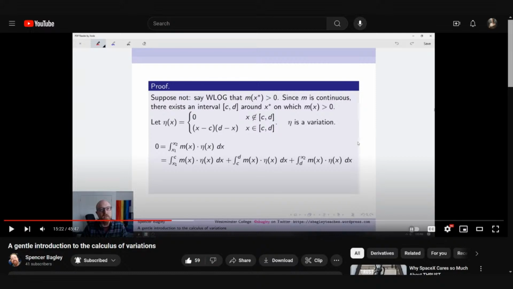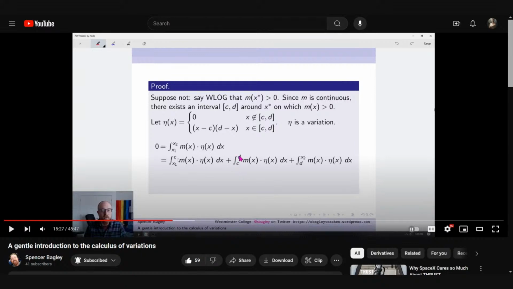This is just to prove the lemma. And I bet you can guess what those pieces are. You're right. They're precisely x1 to c, c to d, and d to x2. But everything else remains the same. So all we care for is this piece.